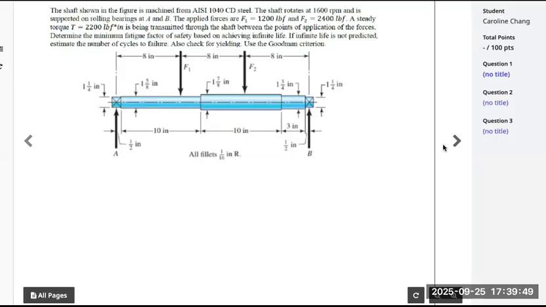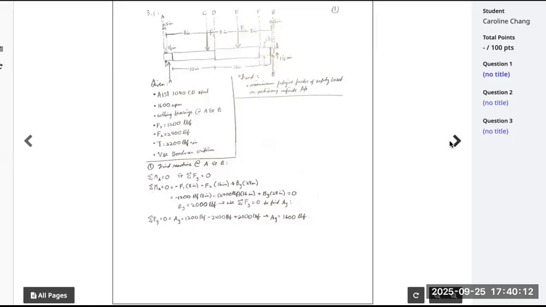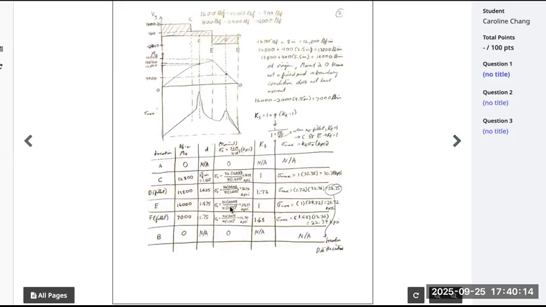For instance, in this example, we had to multiply by Kf because, as you see, it says that there are fillets that are 1/16 inches in radius. So we had to apply a Kf factor to this nominal stress. Nominal stress is just dependent on geometry.